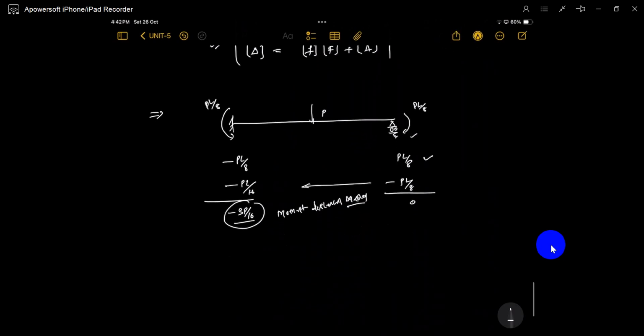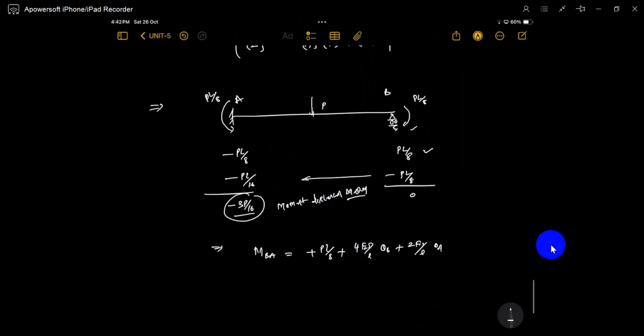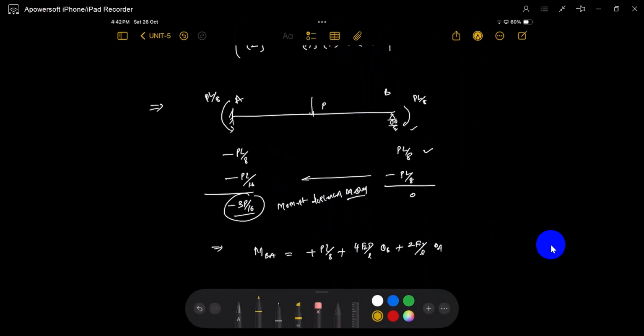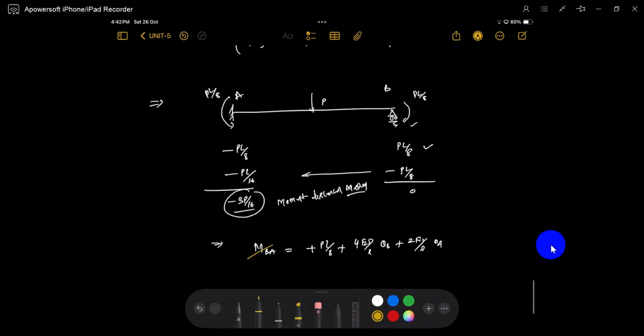The same problem you can solve in the slope deflection method. What is MBA? MBA is the fixed end moment plus 4EI by L into theta B plus 2EI by L into theta A. That is the final moment MBA. The final moment MBA is 0, as there is no moment at the location. Theta A is 0.